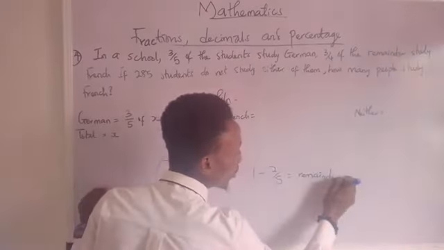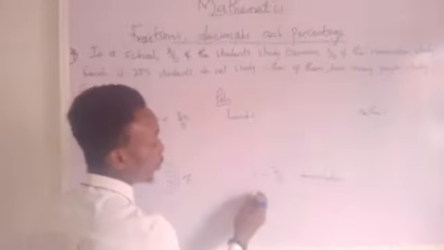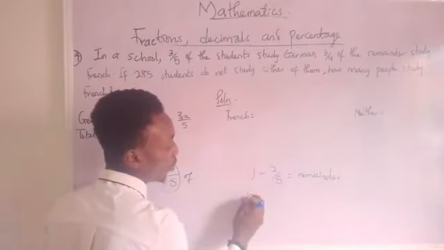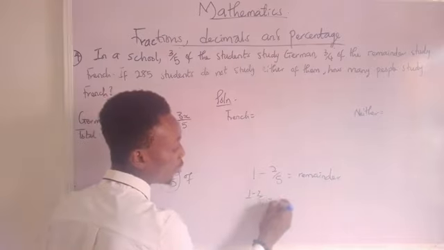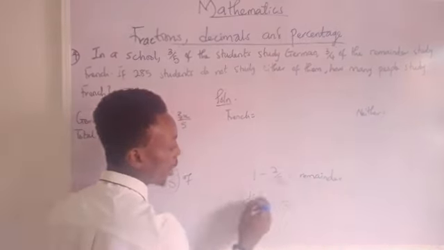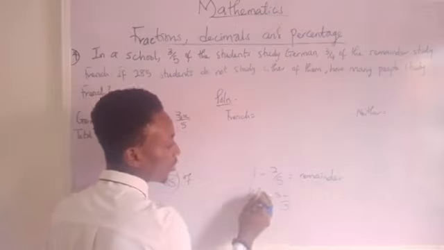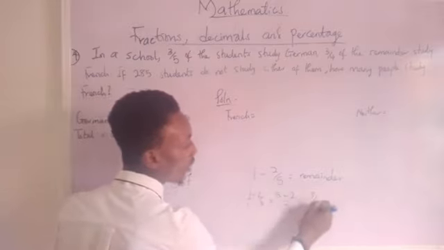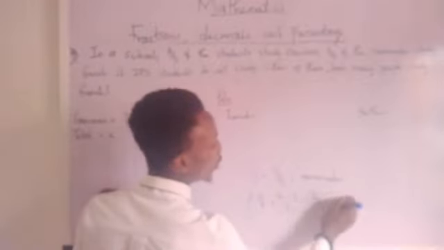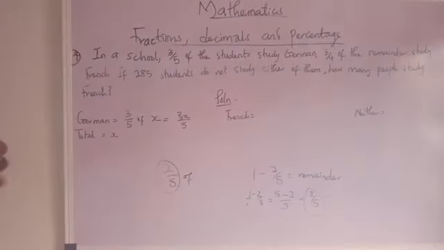Are you following me? The LCM will be 5, so 5 times 1 is 5, minus 2, which is 3/5. So our remainder is 3/5 in fractions. Are you following?